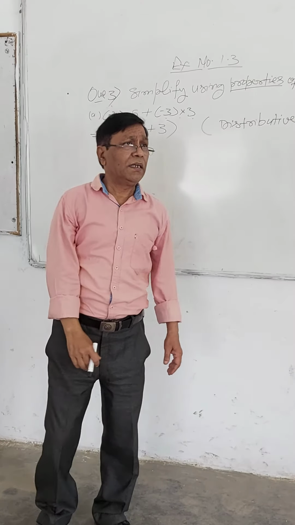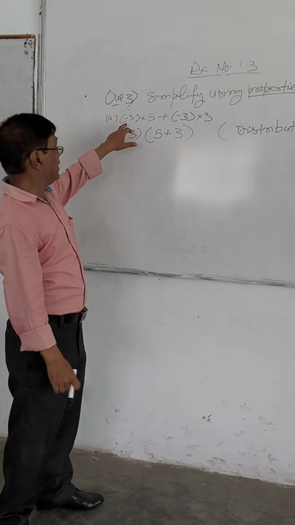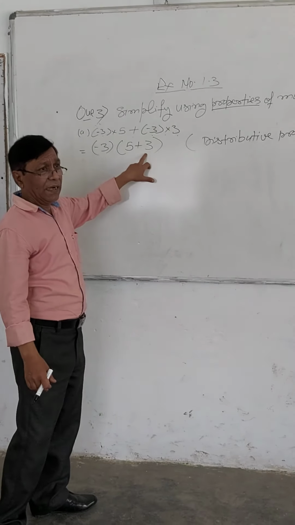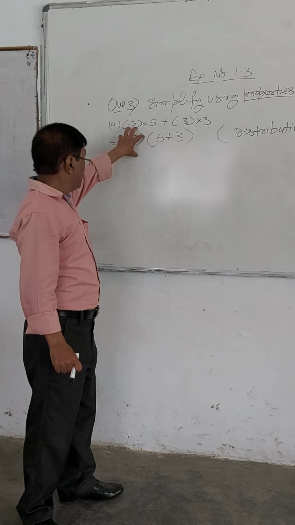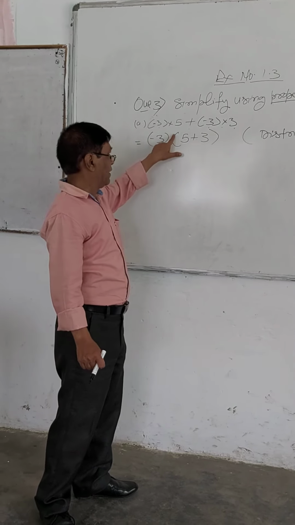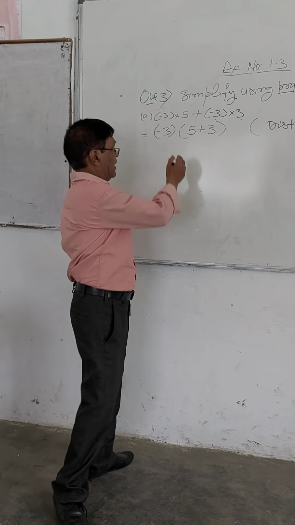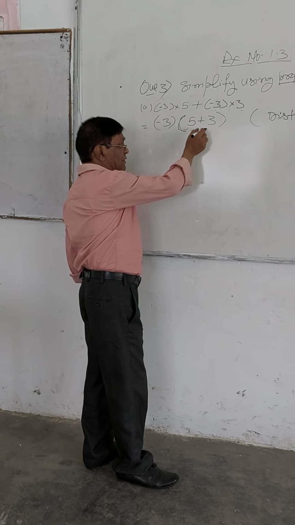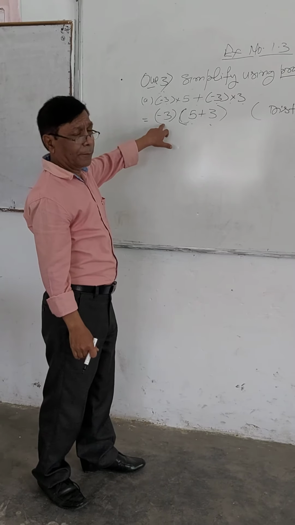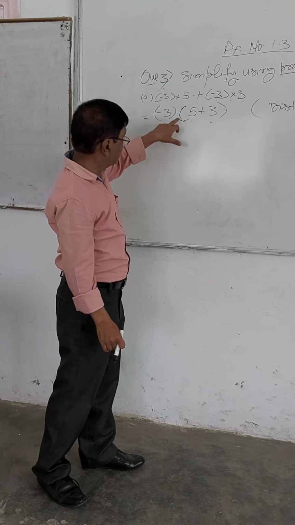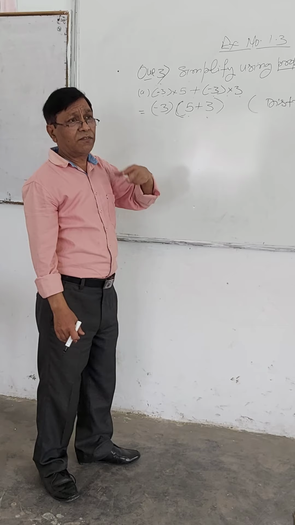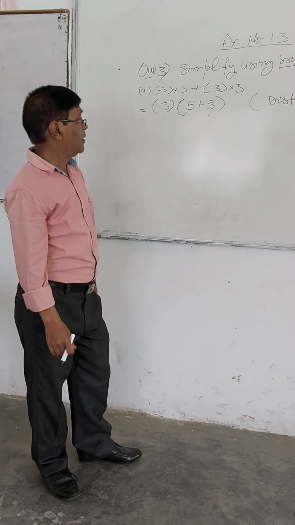Distributive property is the multiplication of any number over addition. Here addition is happening, and in this addition, if you want to multiply by any number, this multiplication will be distributed over these two numbers. That's why it is called the distributive property.